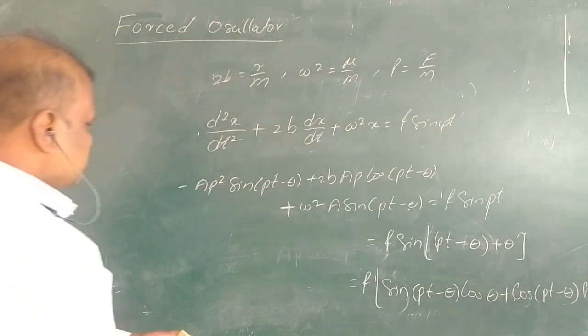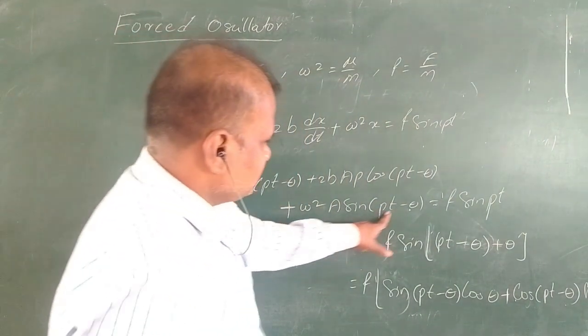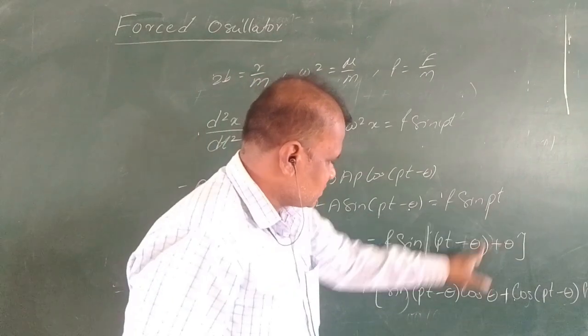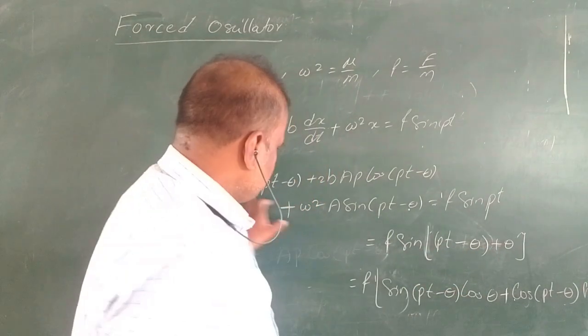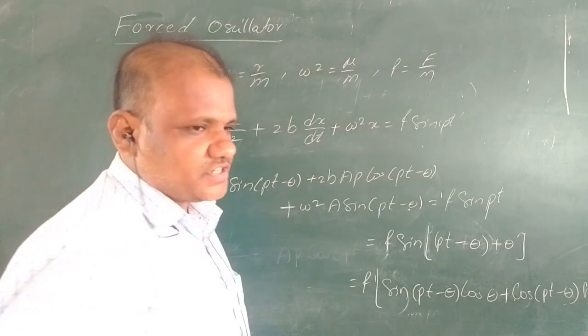Okay, so this is nothing but the right hand side, f sin pt. We have rearranged this one: this is the left hand side, and this is the right hand side.